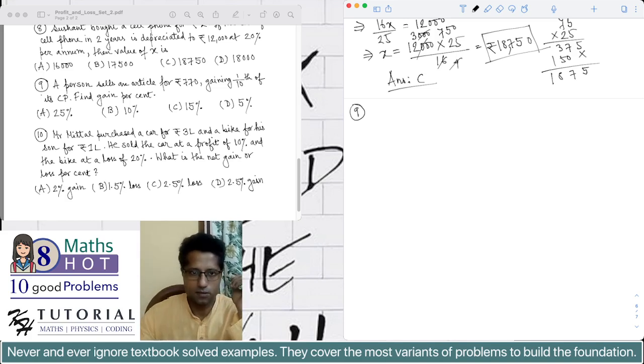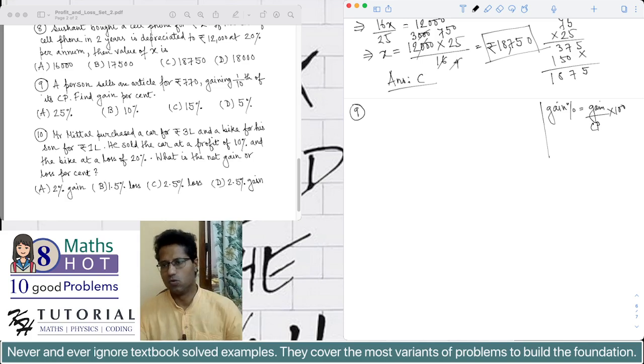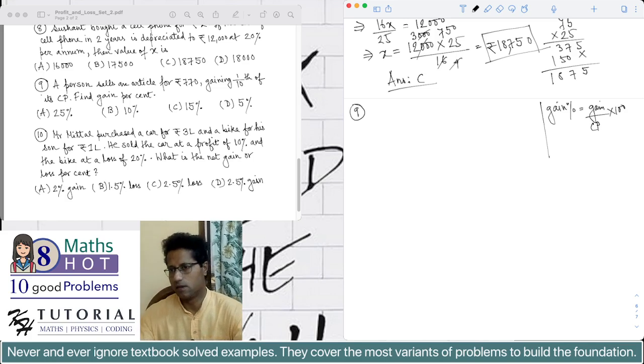What is gain percent? Gain percent is equal to gain divided by CP multiplied by 100. Somehow, if you know the ratio, the value of the ratio gain by CP or CP by gain, then you can easily find the gain percent. You need not know the actual value of the gain or the actual value of the CP. You just need to know the value of gain by CP.